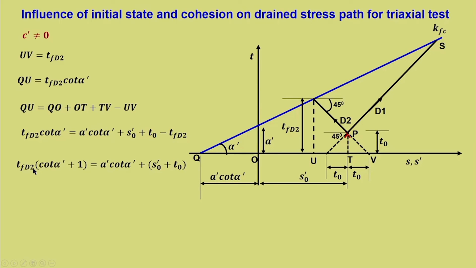Again rearranging, we will get TFD2 cot alpha dash plus 1 is equal to a dash cot alpha dash plus S0 dash plus T0. So, we will get the expression for TFD2 similar to TFD1, a dash cot alpha dash plus S0 dash plus T0 upon cot alpha dash plus 1. So, this is about the expression for both TFD1 and TFD2.